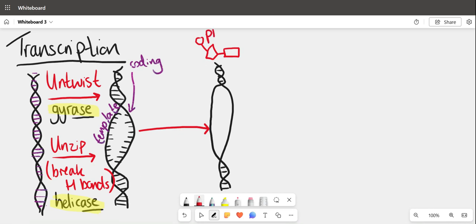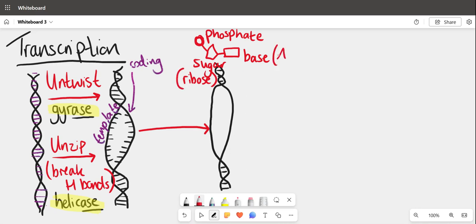It's made of a phosphate, sugar, and a base. Now, the phosphate in RNA is exactly the same as in DNA. It's this little circle here. The sugar in RNA is called ribose, whereas in DNA it was called deoxyribose.